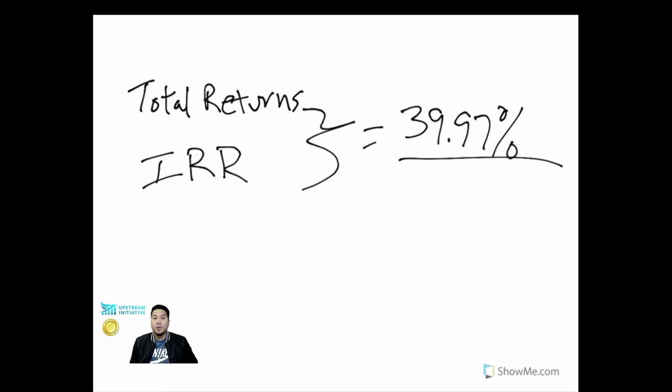Now, when you put it in your 401k, your IRA, in the stock market, maybe it's going to be, I don't know, they say 7 to 10%. We'll give it 10%. All right. The difference between 10% and 40% is not just 30%.